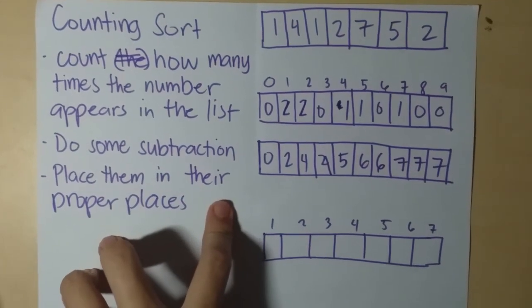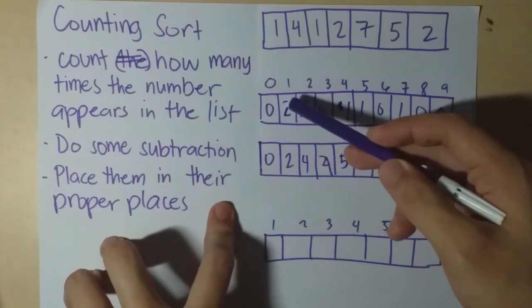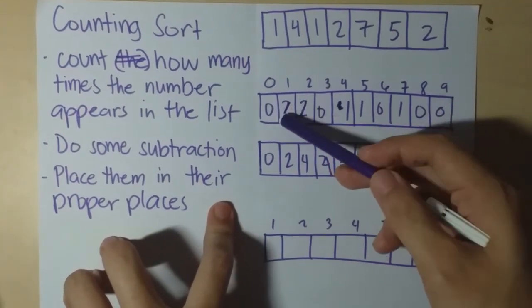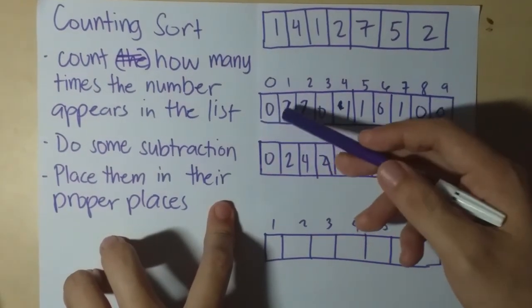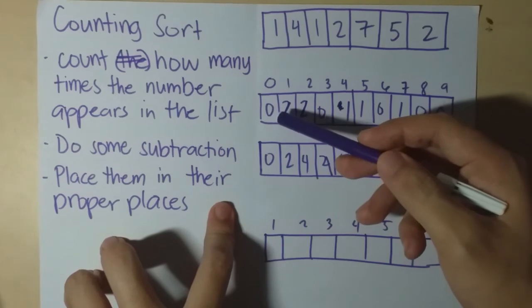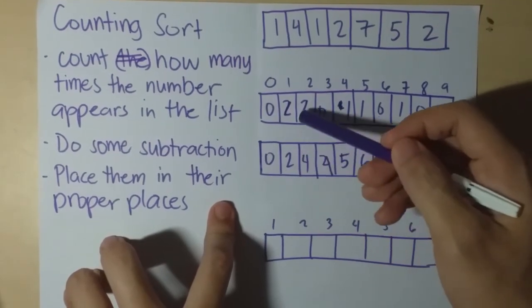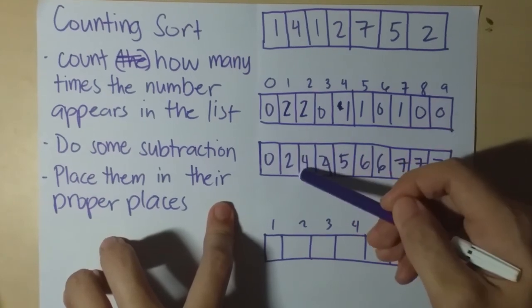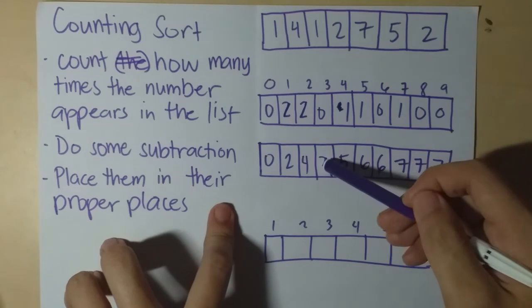Alright? And then you add the two numbers, the current number and the previous number. So in here, it's 2 plus 0, so it's still 2. For the next, you have 2 plus 2, it becomes 4. For the next number, 0 plus 4, that's 4.